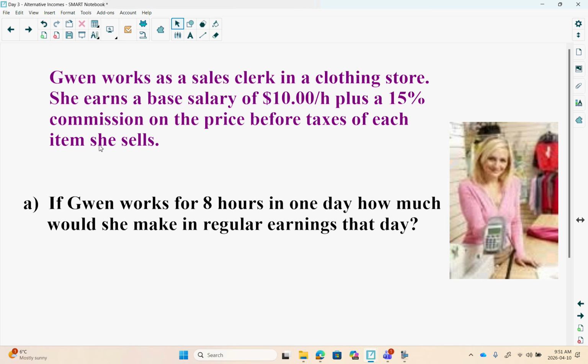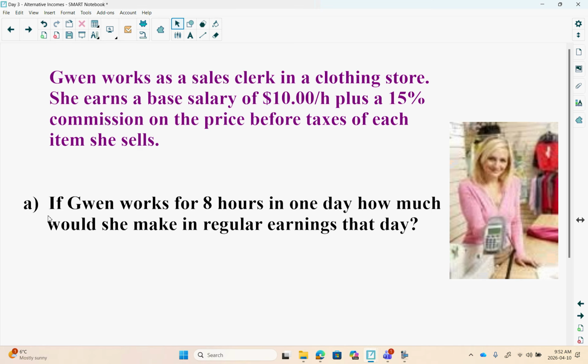Think of it like the questions we were doing the other day where they were getting regular pay and their overtime pay, and then we added them together. Well, in this case, we have to do our regular pay. So it's her hourly rate, $10 an hour, times the number of hours she works. If she gets paid $10 an hour and works 8 hours in one day, how much would she make? $80. But she also gets 15% of any of her sales for that day.